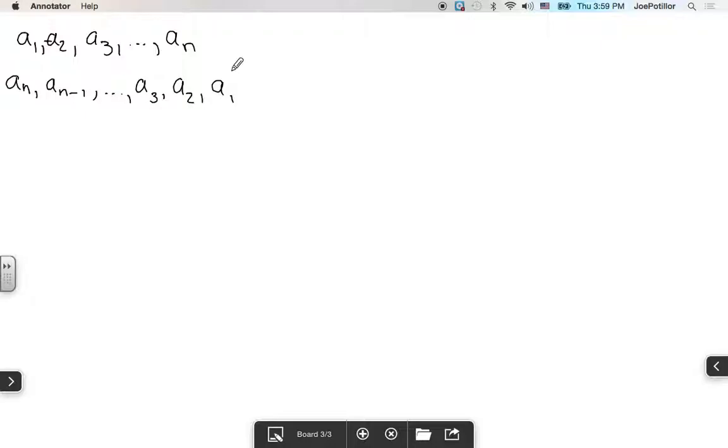We can order a sequence in any way we want, either frontwards or backwards. Doesn't matter, as long as we go to an end. And understanding that principle, we'll look at the page in the textbook. It goes over this principle. Okay, 694.